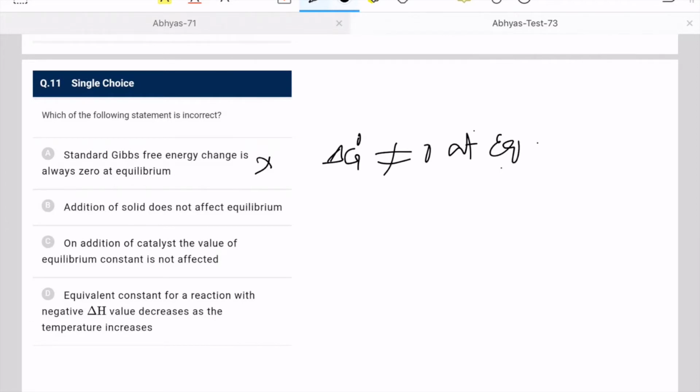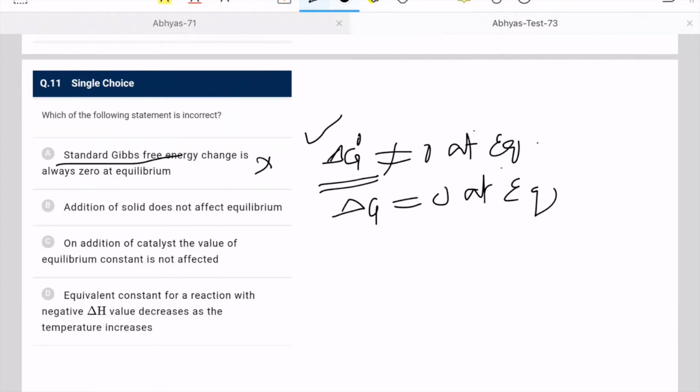Only delta G, the Gibbs free energy change, is equal to 0 at equilibrium. So we have to observe standard and normal values. Here he has given the standard Gibbs energy, so this is the wrong statement. So we can tick A.